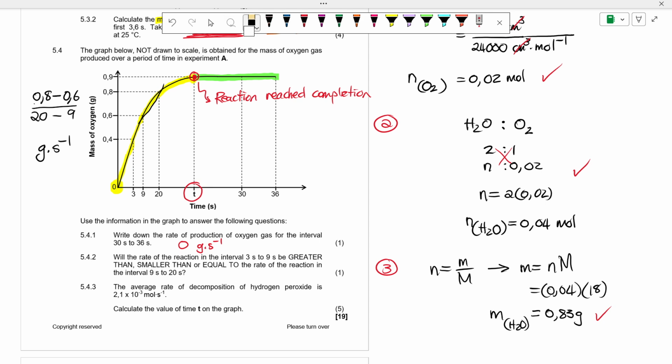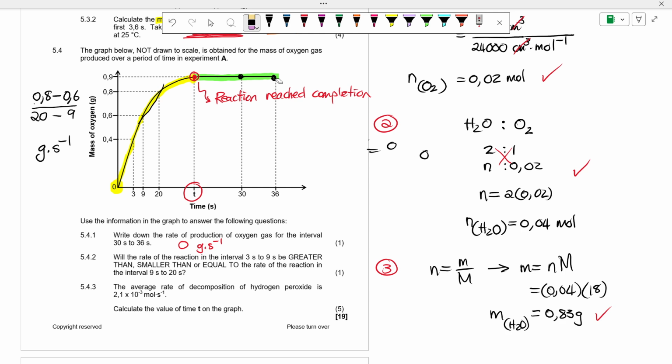And now it's 0 because it was 0 divided by 6. Correct. So it's 0 because on the y it's 0.9 minus 0.9 for these two coordinates, divided by 36 minus 30. So on top you get a 0. Division of 0 by 6 is 0. Okay, good point.